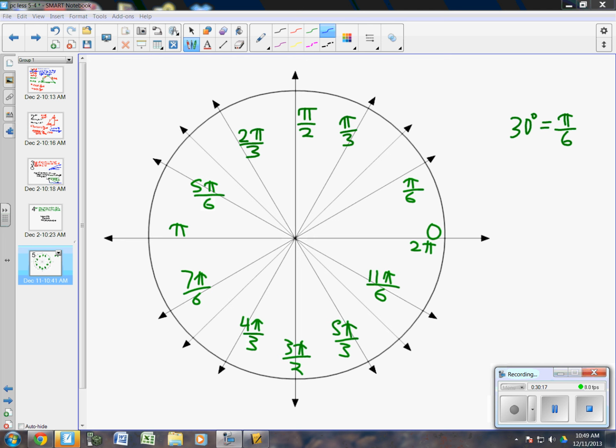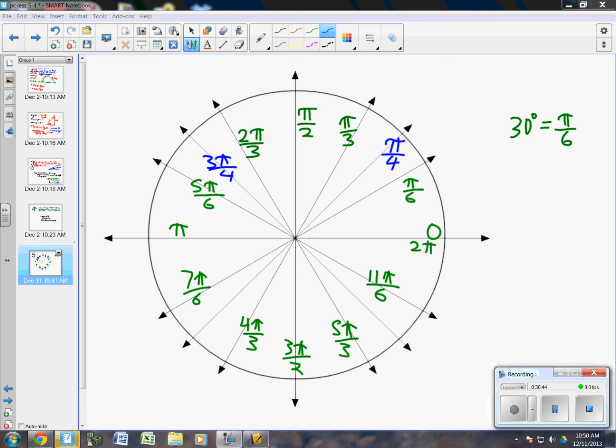So the next step is to do pi over 4. Now, that's 1/4. What comes after 1/4? We add 1/4 to 1/4, we get 2/4, which is 1/2. We've already got that one written in here. 3/4. So 3/4 is 3 pi over 4. 4/4 is 1. So 4/4 pi is 1 pi.